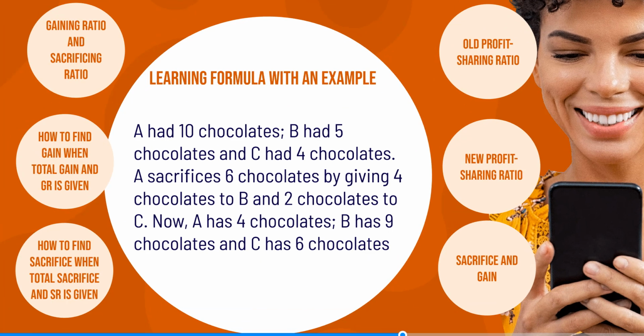So we understood the old profit sharing ratio and the old share of the partners. Now let's see what the new profit sharing ratio and the new share is. The new share of A is 4 chocolates, that of B is 9 chocolates, and that of C is 6 chocolates.